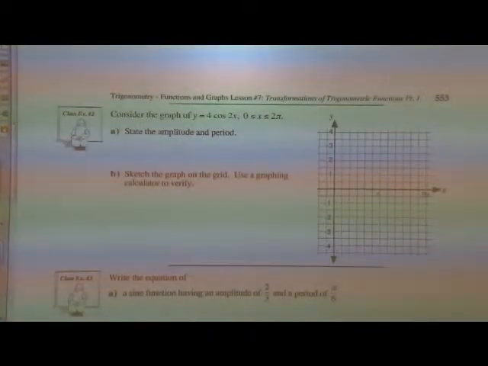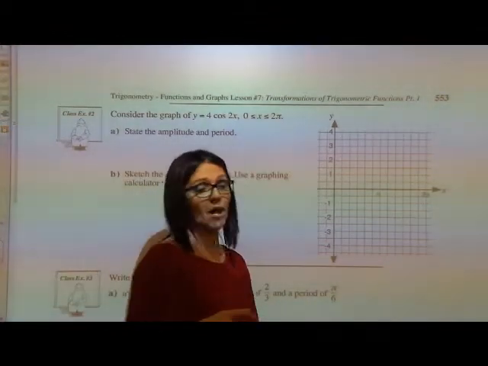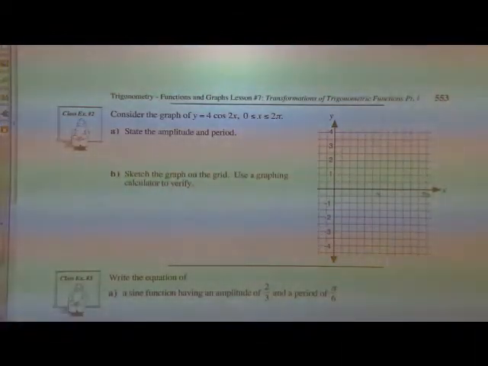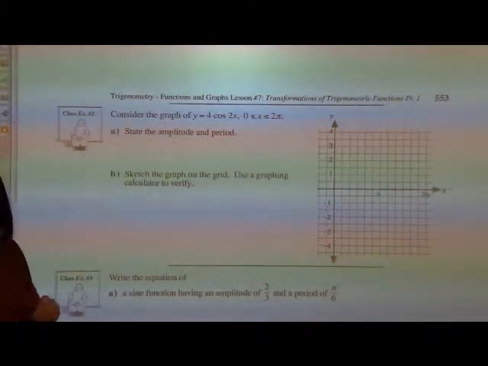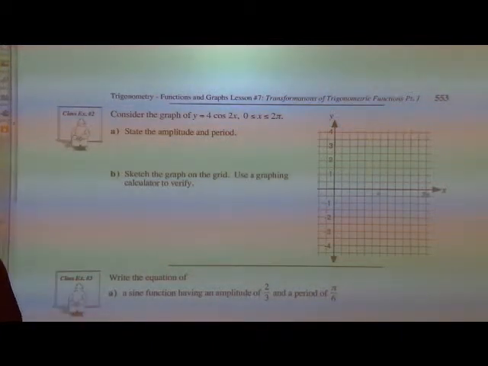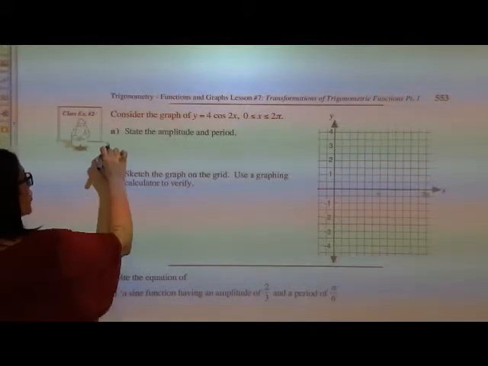So if we consider the graph y equals 4 cos 2x, where x is any value between 0 and 2 pi, what is the amplitude of this graph? Amplitude is 4.